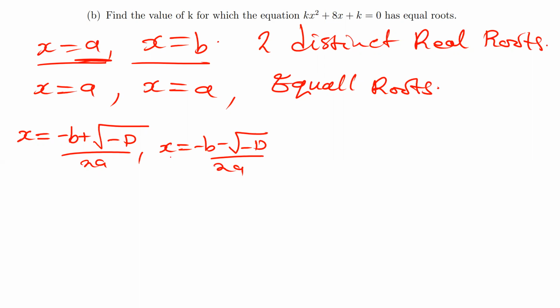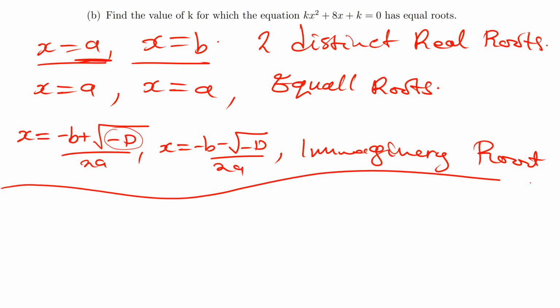If what you find inside there is negative, it means that the given quadratic equation has imaginary or complex roots. You can either call them complex roots or imaginary roots. These are the three types of roots that I said I was going to introduce you to.